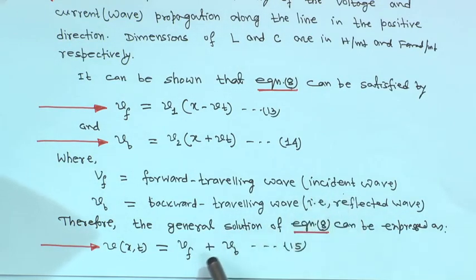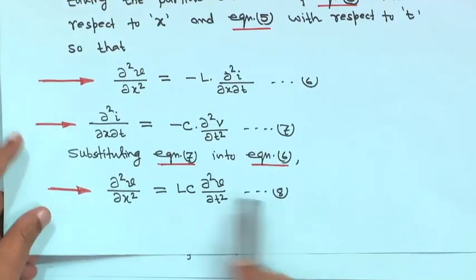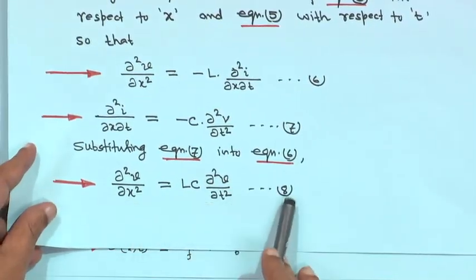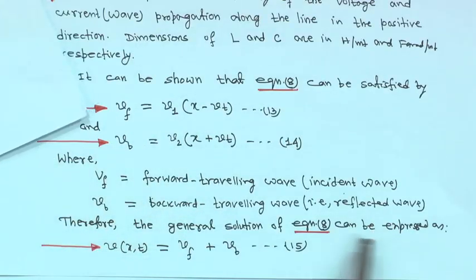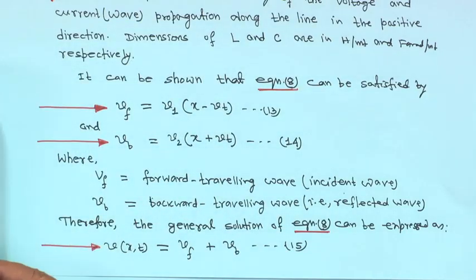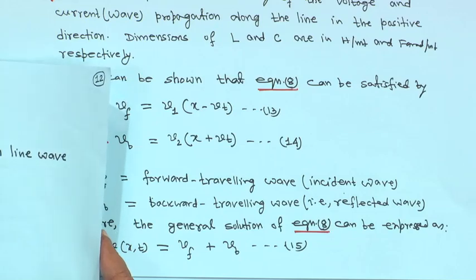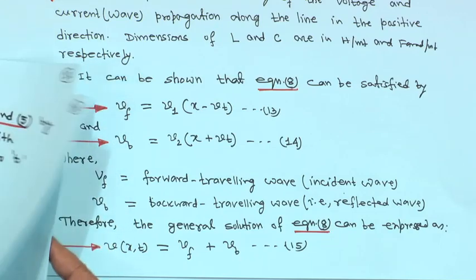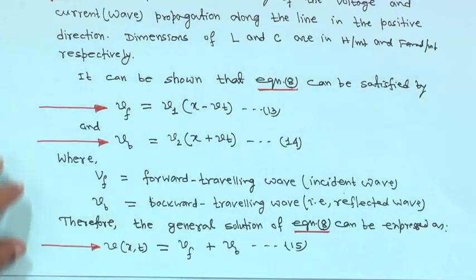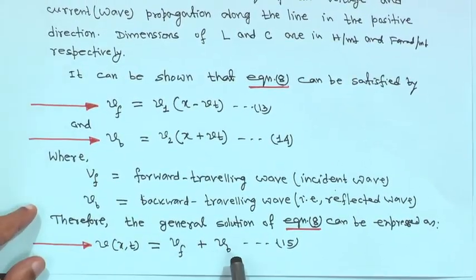And therefore, the general solution of equation 8 can be expressed as V of x, t is equal to V f plus V b, that is, the forward travelling wave plus the backward travelling wave. So, V of x, t has the solution V f plus V b.